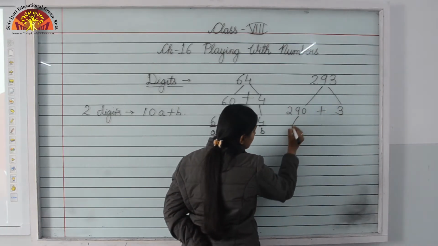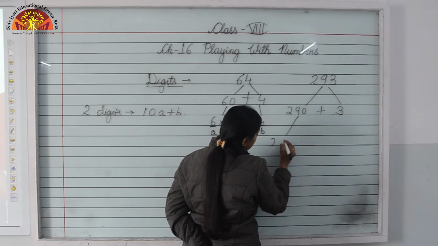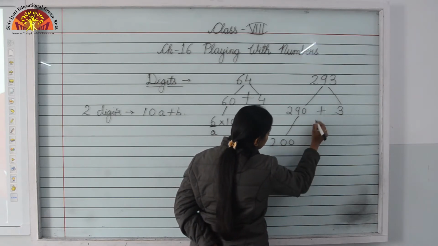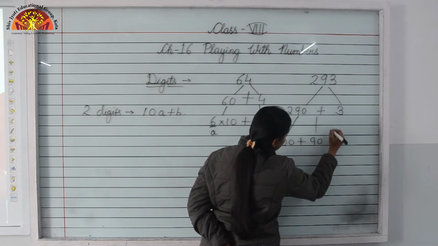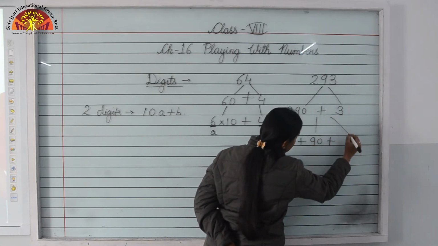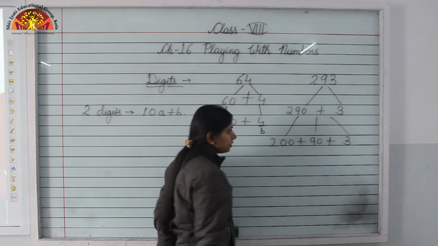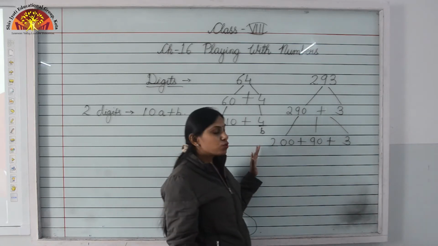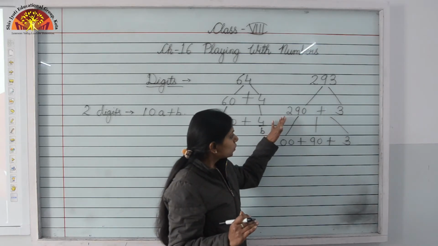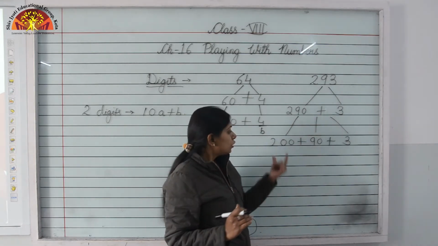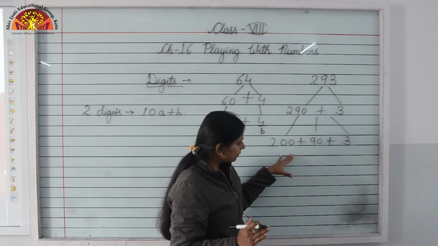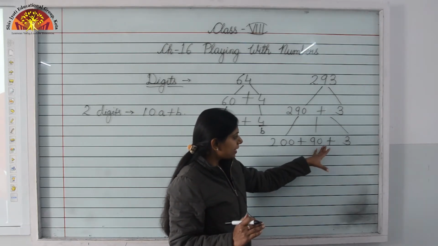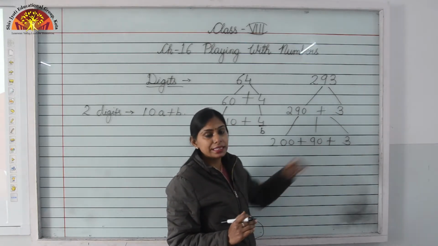Further, how can you split it up? That is 200 plus 90 plus 3. Is it clear? How can you split up 293? 290 plus 3. Further, how can we split up 290? 200 plus 90 and plus 3, which will give you 293.